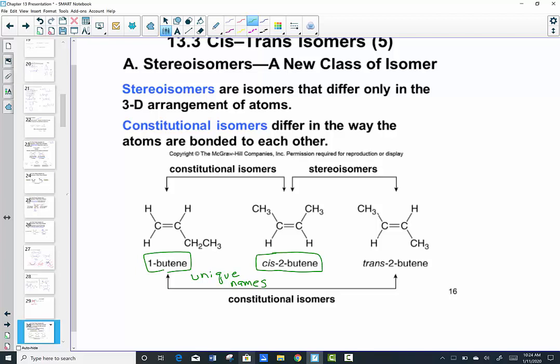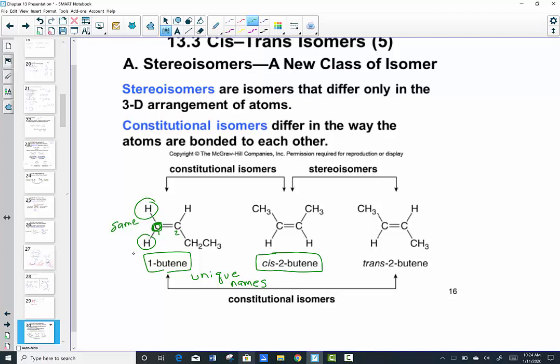1-butene locates the double bond between carbon 1 and 2. But remember, 1-butene cannot have cis-trans configuration because that first carbon has same attachments, hydrogen and hydrogen. On the same carbon here, this first carbon would need different attachments in order to have a configuration of cis or trans. And that's the occurrence we have with these stereoisomers, cis-2-butene and trans-2-butene.